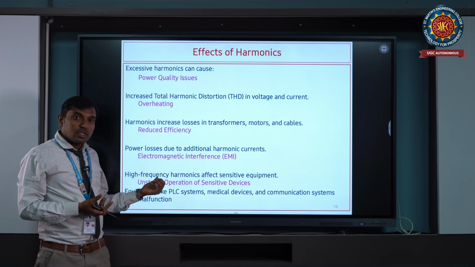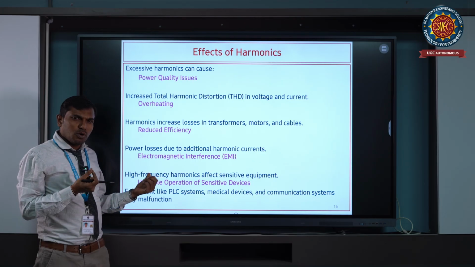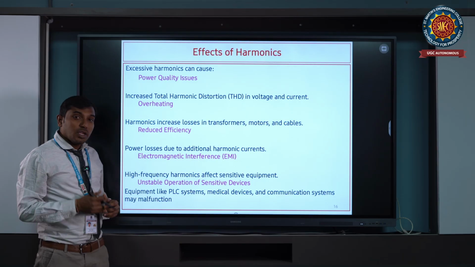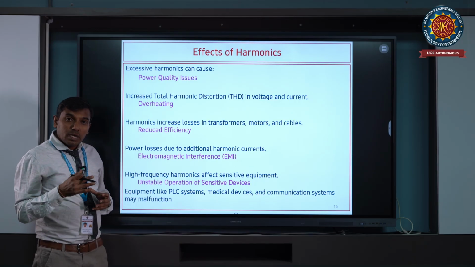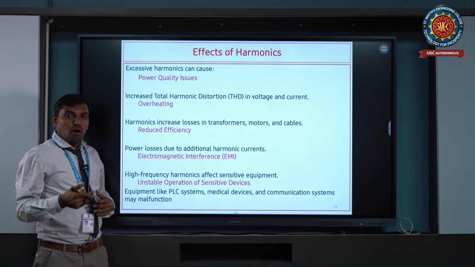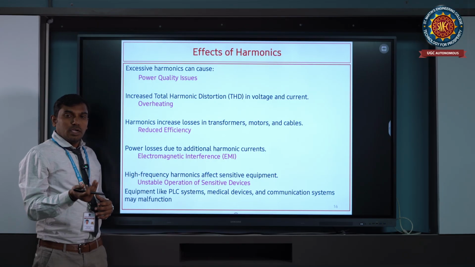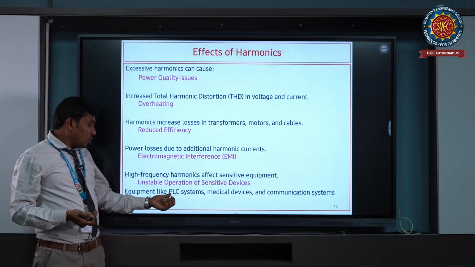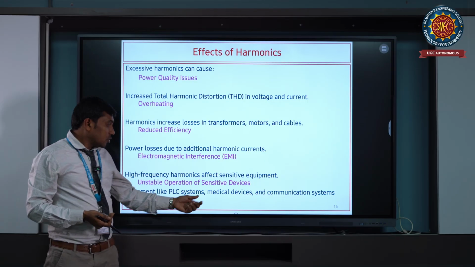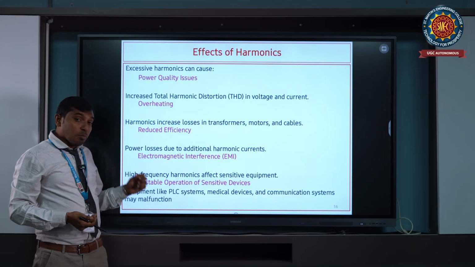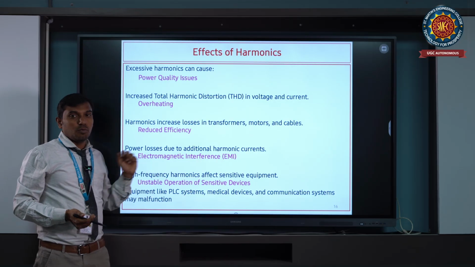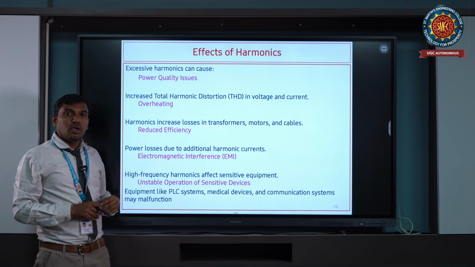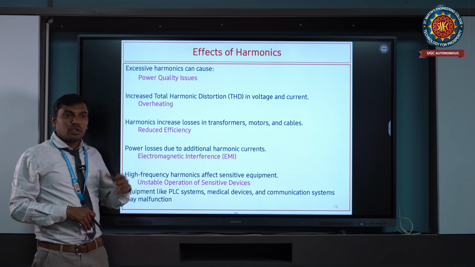When you are using a sensitive load, which must be controlled very precisely, the control variables get disturbed because of these harmonics, and we cannot control the output voltage or current of the inverter. Equipment like PLC systems, medical devices, and communication systems may malfunction because of these harmonics. Hence the harmonics are always to be reduced by using filters or different kinds of PWM techniques.